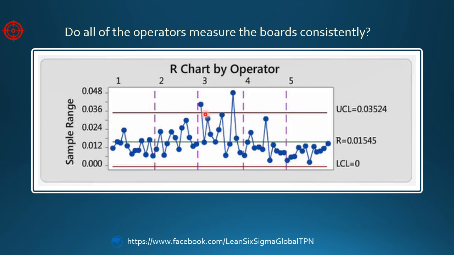Operator 3 has the highest ranges and two range values larger than we would expect based on our control limit. So we should examine the measurement process to determine why this happened. Perhaps operator 3 takes measurements too quickly and as a result is inconsistent. Operator 5, on the other hand, may be more patient and focused on getting a correct reading.